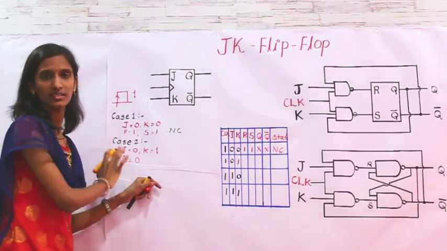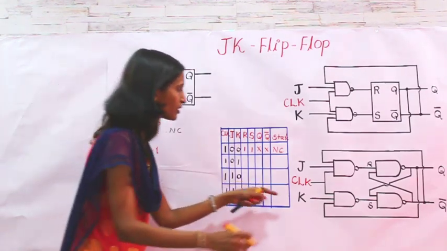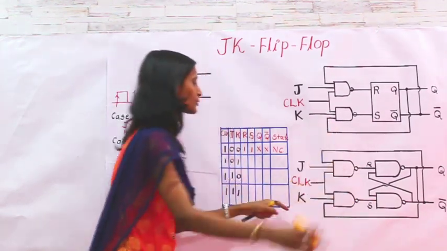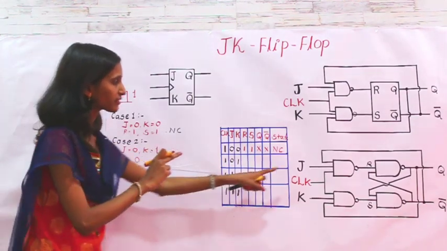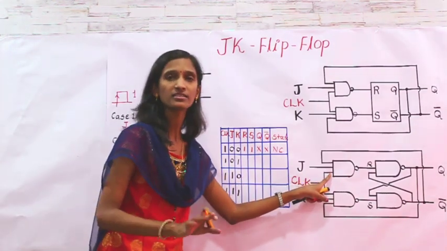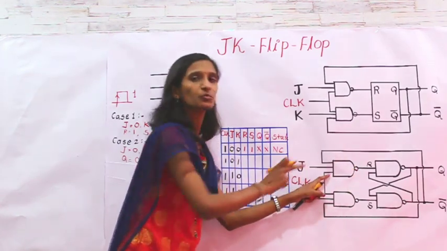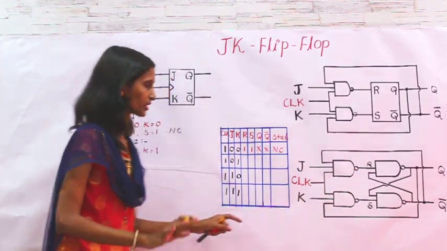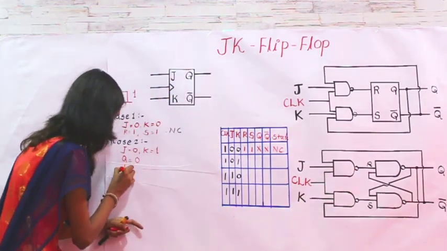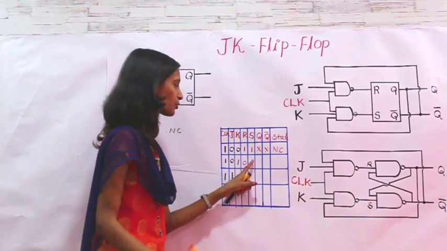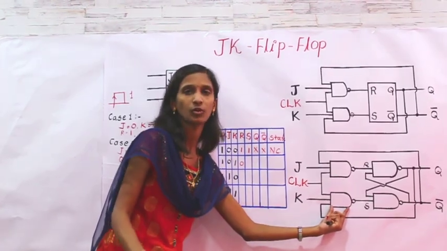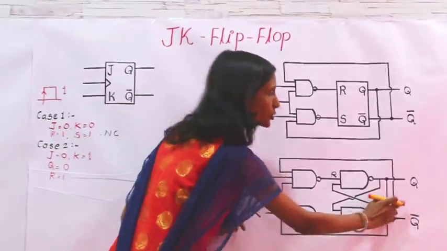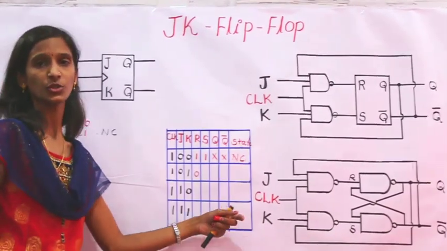I am assuming this because we don't know R and S, since the inputs are only 0 and 1. Here J is 0, so we can understand that the output R will be 1. Up to this it is okay. So R becomes 1. I don't know the S output of this NAND gate, so for this case I will assume Q is equal to 0.